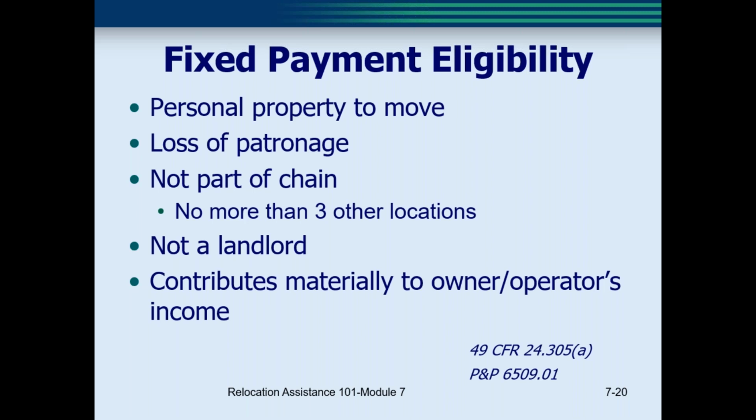So that would make them not qualify for this payment. If they have a Rallies and they only have 2 other ones, that's only 3. So they would still qualify for this payment. So remember, it's 3 other, so a total of 4.